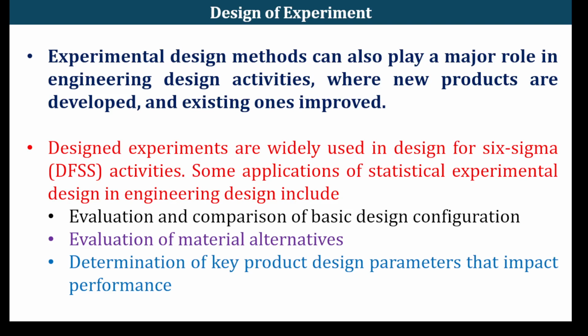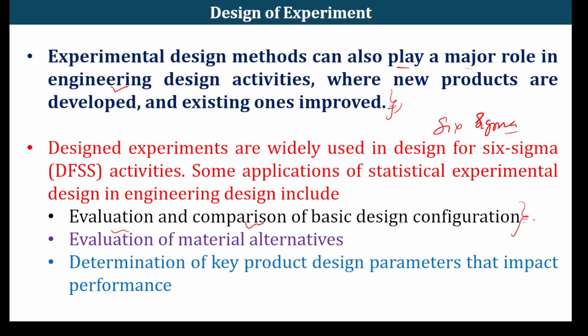Okay, so experimental design can also play a major role in engineering design activity, where new products are developed and existing ones are improved. And you might have heard about Six Sigma technology in manufacturing. Some applications of statistical experimental design in engineering design include evaluation and comparison of design configurations.